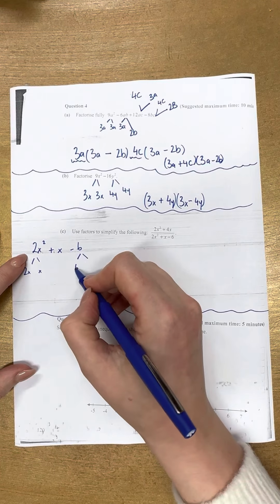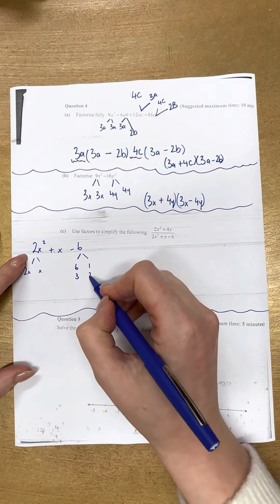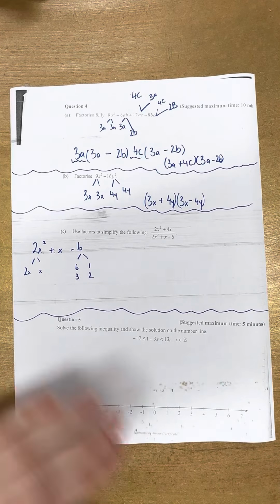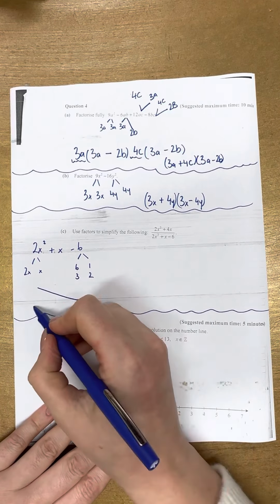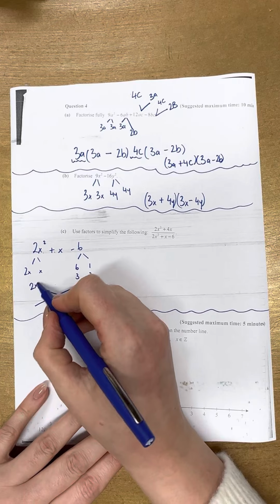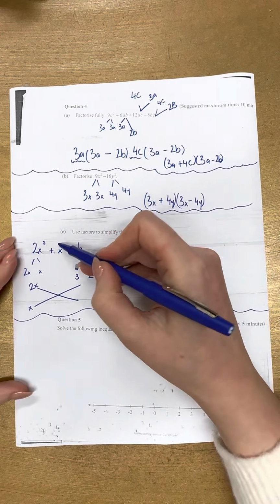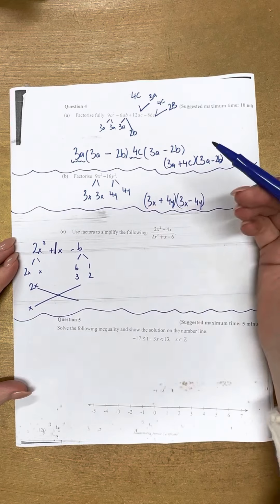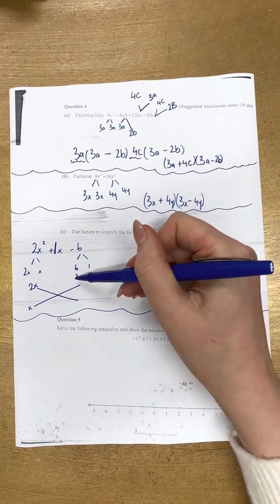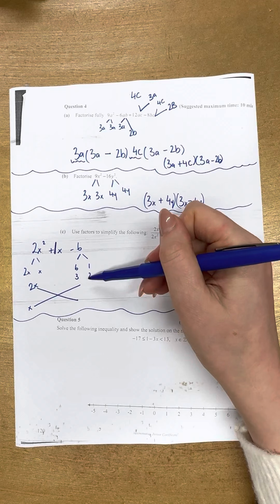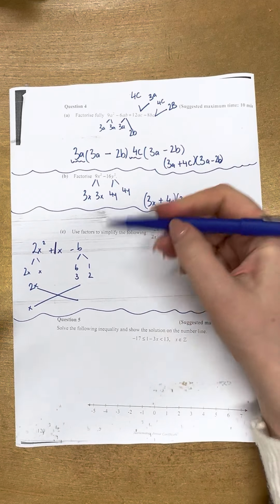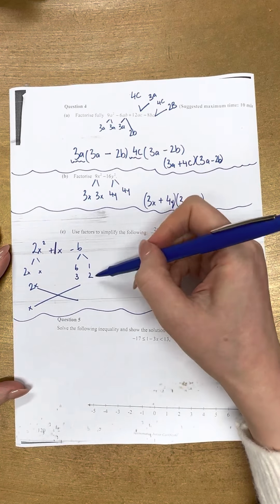The factors of 6 are 6 and 1 or 3 and 2. So you've got to make a decision which one it is. You've got 2x and x. Hazarding a guess, the middle number is odd. It's 1. So you need an odd number to help you out with that. I know 6 times 1, but I'm going to guess that it's 3 and 2.